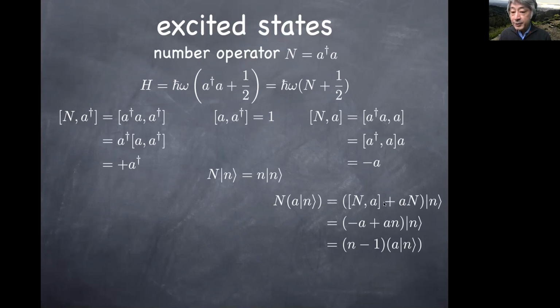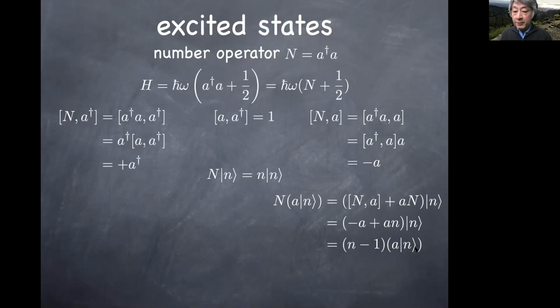So AN cancels between the two. So I didn't change anything. This whole thing in parentheses is still the same thing as NA. But the reason I'm writing it this way is because this is useful. The [N, A] commutator is something I worked out, minus A. And this capital N acting directly on n ket just pulls out the eigenvalue little n. So I can put these things together as n minus 1 times A acting on this n ket.